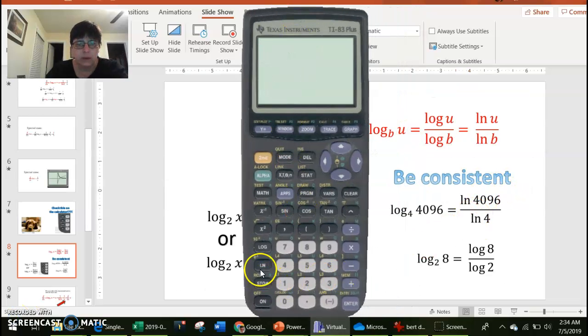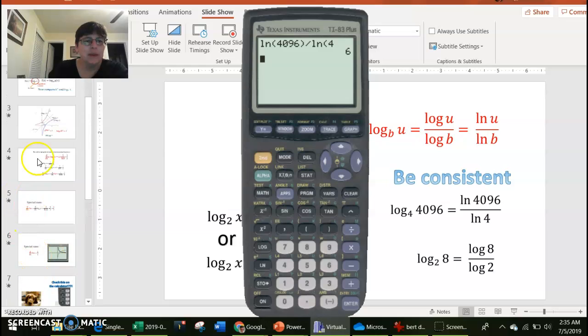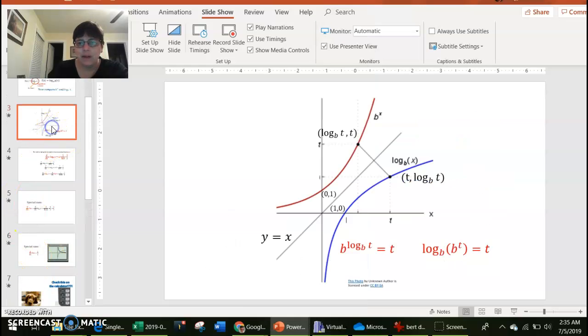Okay, so natural log of 4096 divided by natural log of 4 equals 6. Remember I told you in that previous formula, coming back here, that it's really useful: log base b of b to the t is t, which helps you find those exponents.